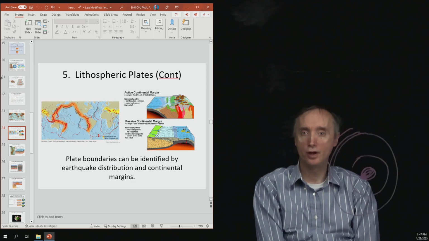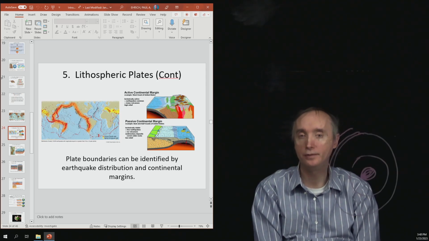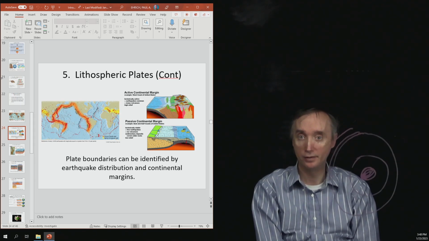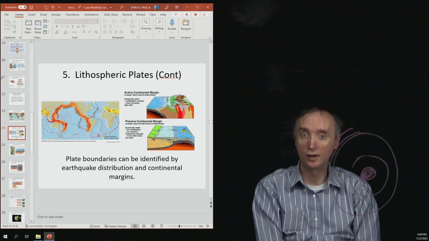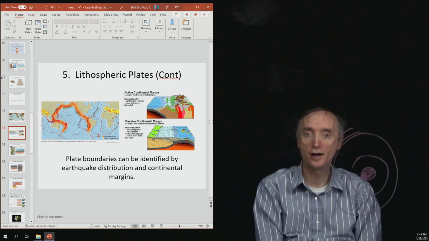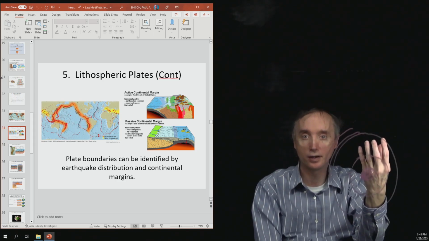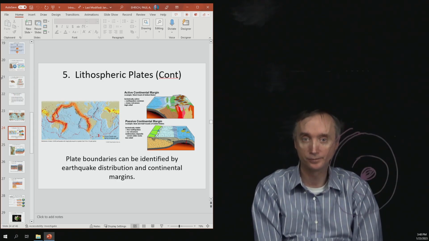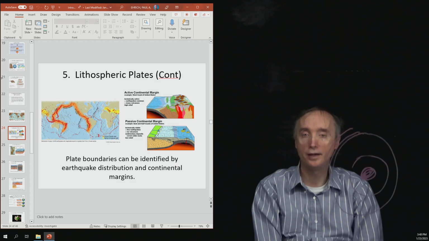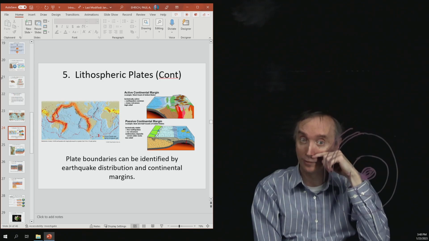So how do we know where the plate boundaries are? Well, in some cases, you can spot them by looking at where the heat is coming up. Remember we talked about the ring of fire? That ring of fire, that area where heat is coming up, is marking a plate boundary. Another way of seeing where plates are located is looking for mountains.